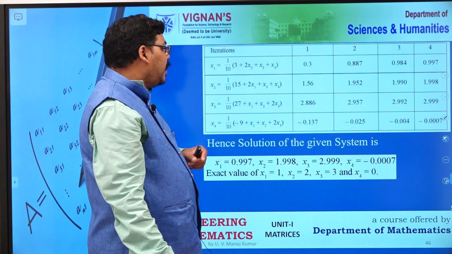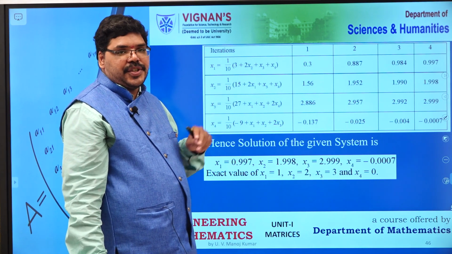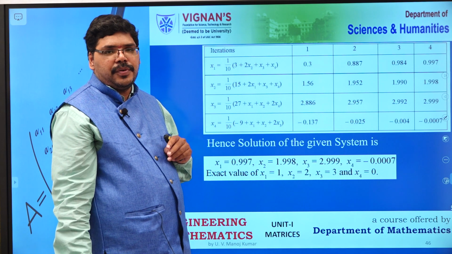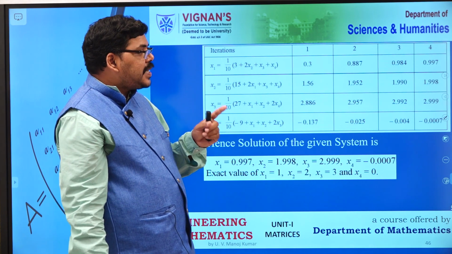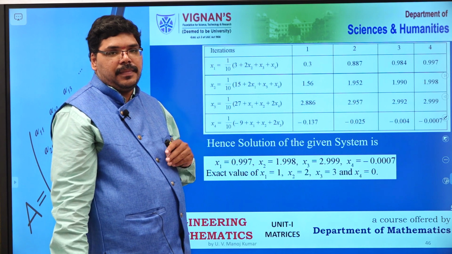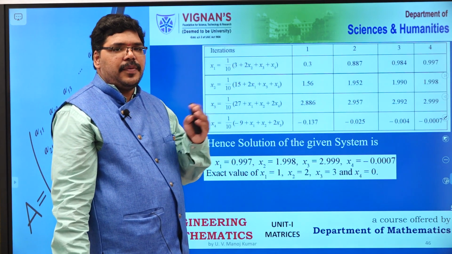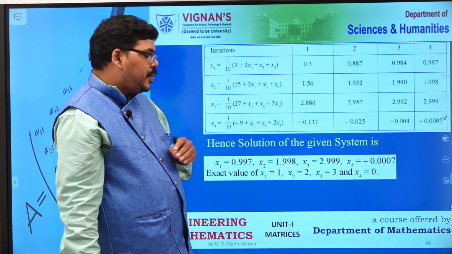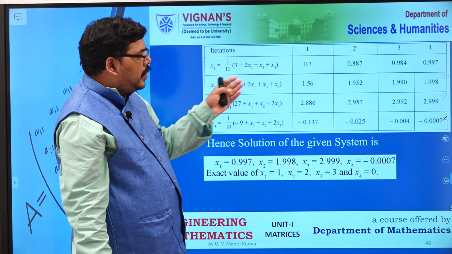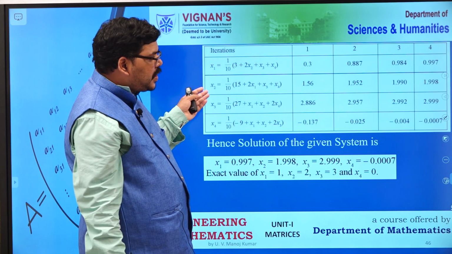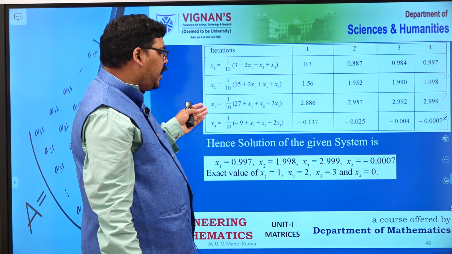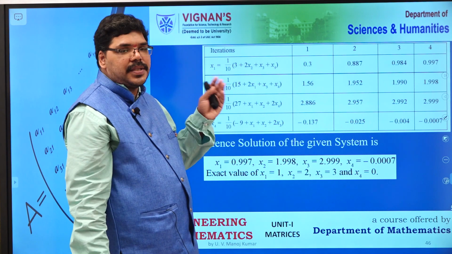Here we have stopped at the fourth iteration, but we shouldn't stop there. We should continue until two successive approximations are equal up to a certain number of decimal places. If you see the pattern, x1 is reaching 1, x2 is reaching 2, x3 is reaching 3 and x4 is reaching towards 0.